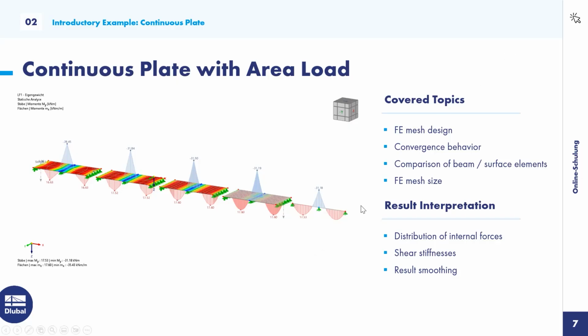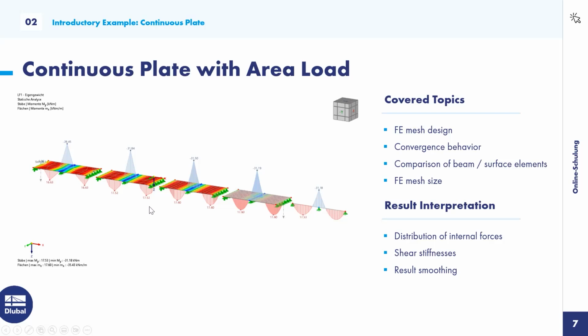First, let's talk about our investigation, what we're going to do in the first model. We're going to investigate a continuous slab. So we see it right here. It's just a slab with 3 line supports, one in the middle and one at each end.